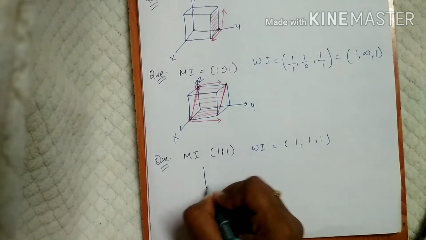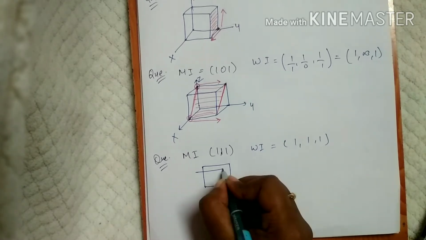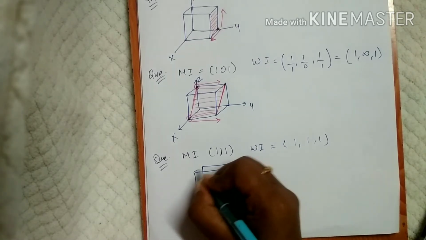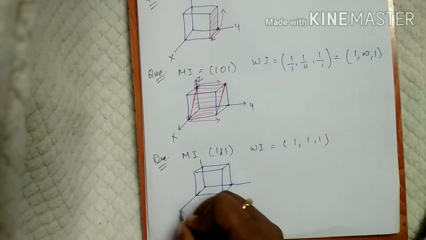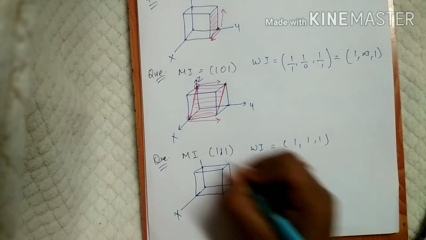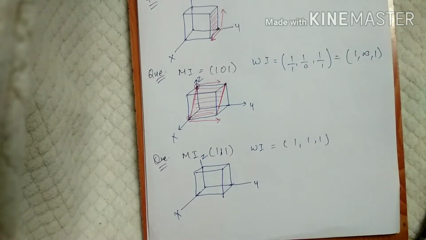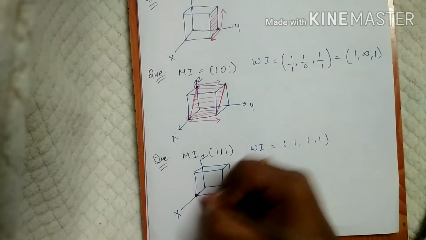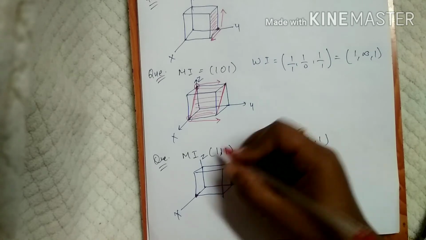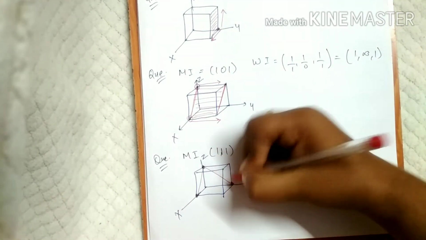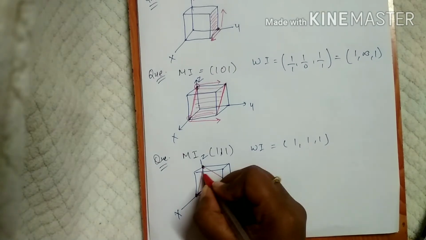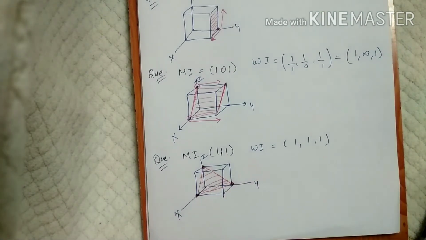So locate the points: along the x-axis 1, along the y-axis 1, along the z-axis 1. Join these finite values and you'll get your plane. So this is the plane. This way you can find out the plane if Miller indices are given.